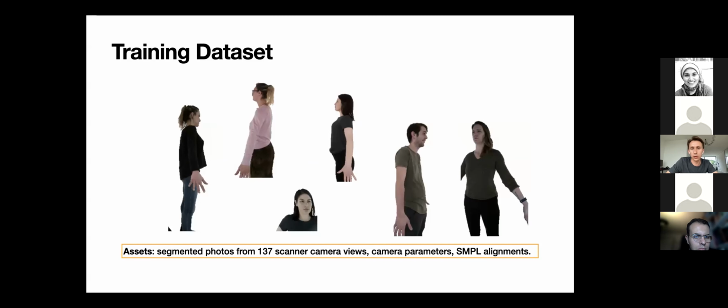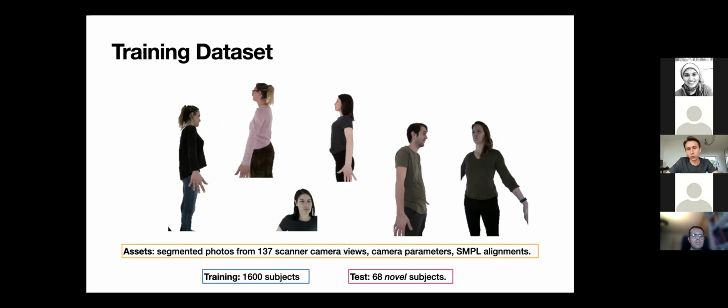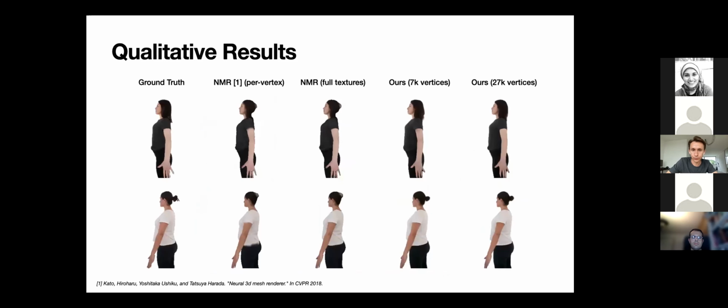We use 1,600 different subjects, and for them we need more than 100 camera views, ground truth camera parameters, and SMPL alignments. Then we test it on 68 novel subjects. Just to mention, in comparison to many other works, it's the same neural network that works for all the subjects, including unseen subjects at test time. And all the examples I'm showing here are the test subjects.